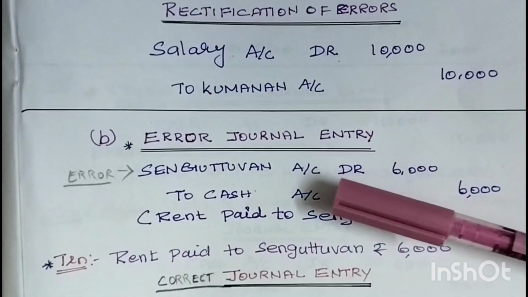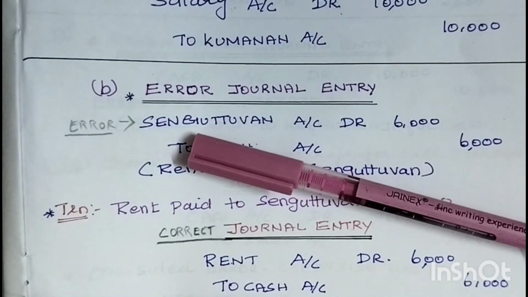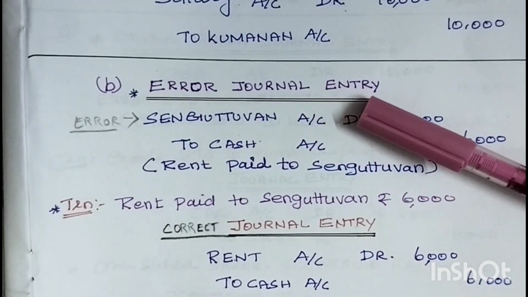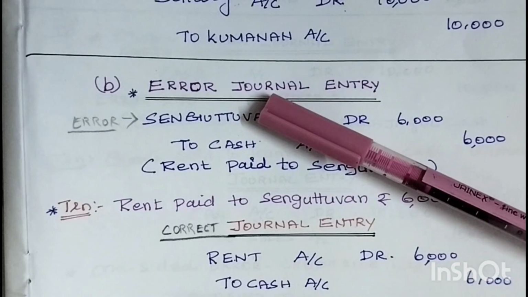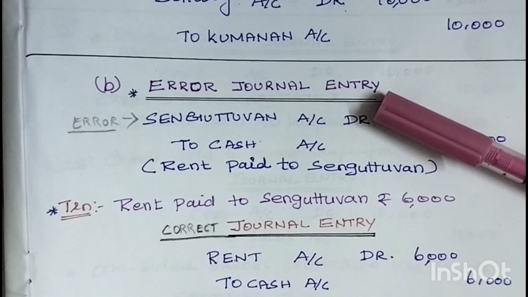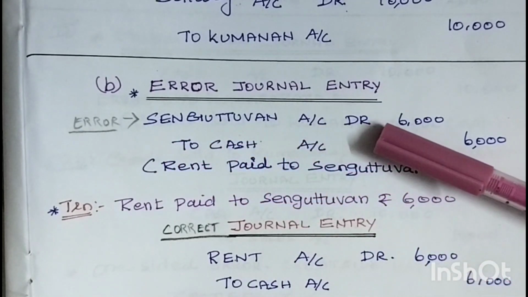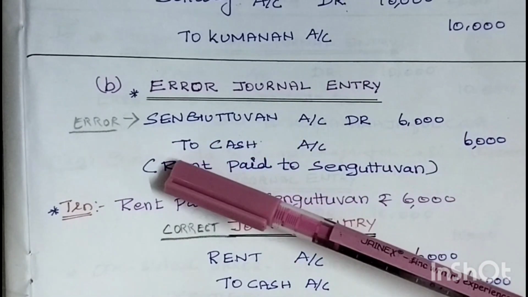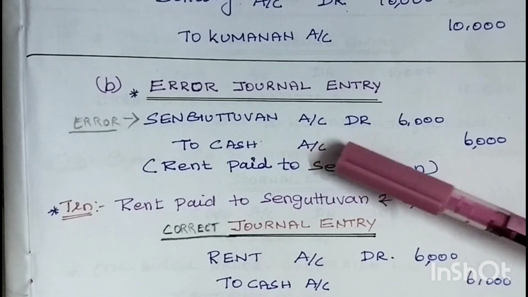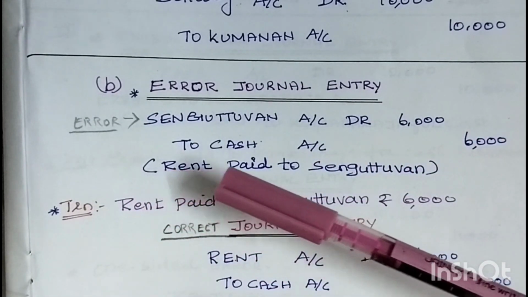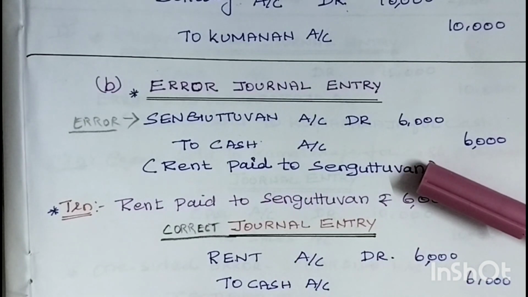Okay, let's see the next transaction. They gave the journal entry with error. That is, Sengutuvan account debtor 6,000 rupees to cash account 6,000 rupees. Narration also given here, rent paid to Sengutuvan.